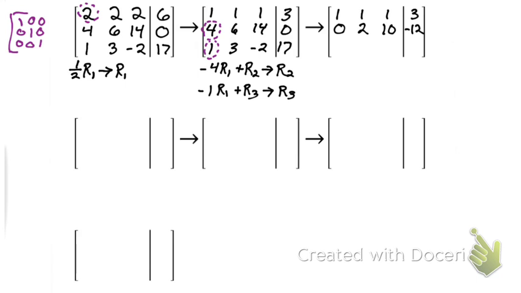Logic stays the same. -1 times 1 is -1, plus that 1 gives me my 0. -1 times 1 is -1, plus 3 is 2. -1 times 1 is -1, minus 2 is -3. And finally, -1 times 3 is a -3, plus 17 is going to be 14.